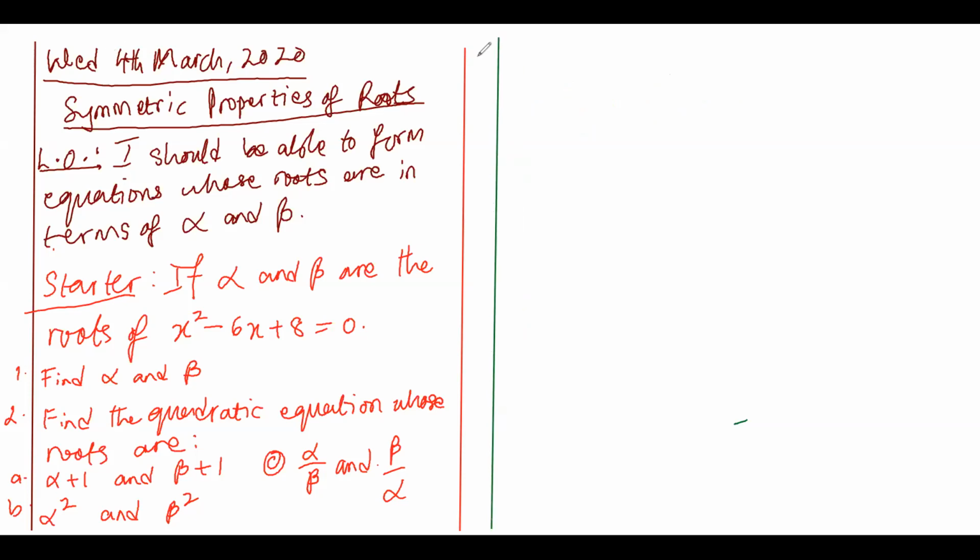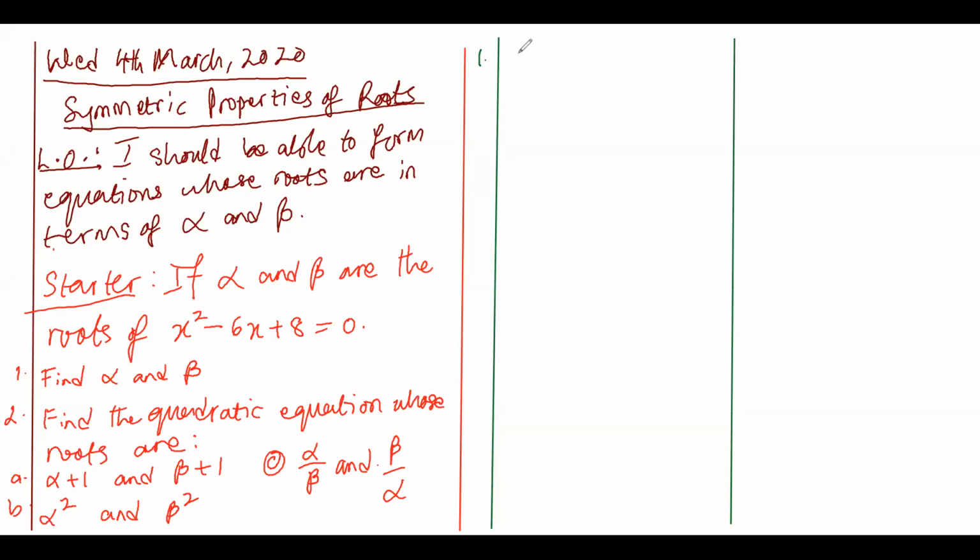So for question 1, we can put everything on one page.